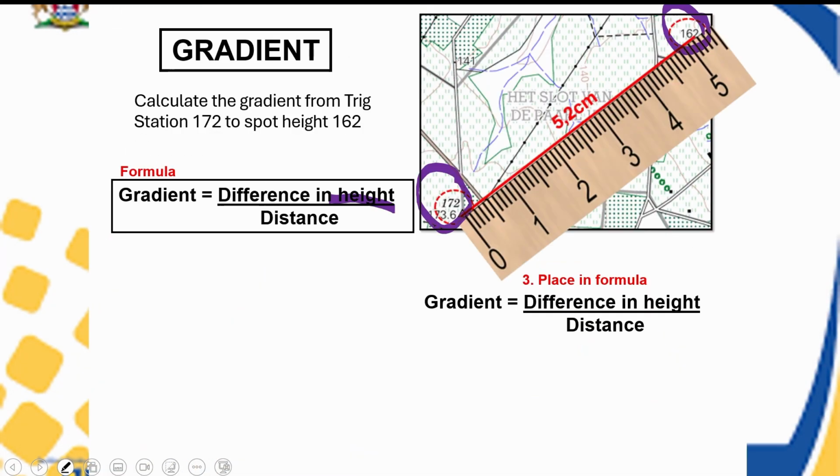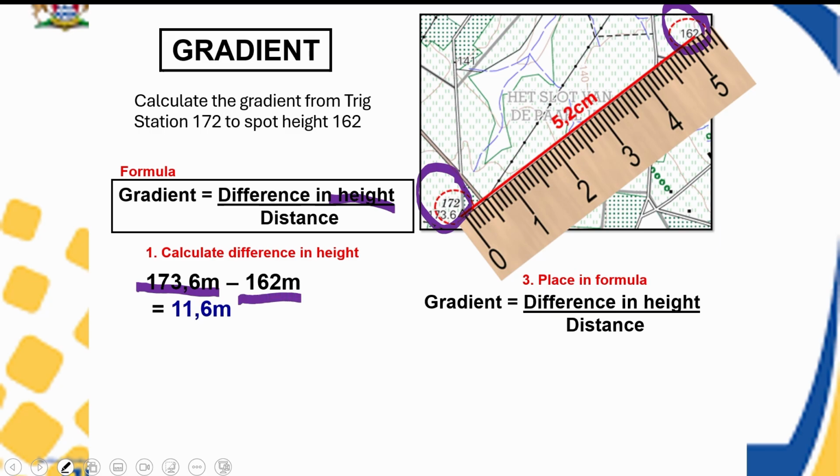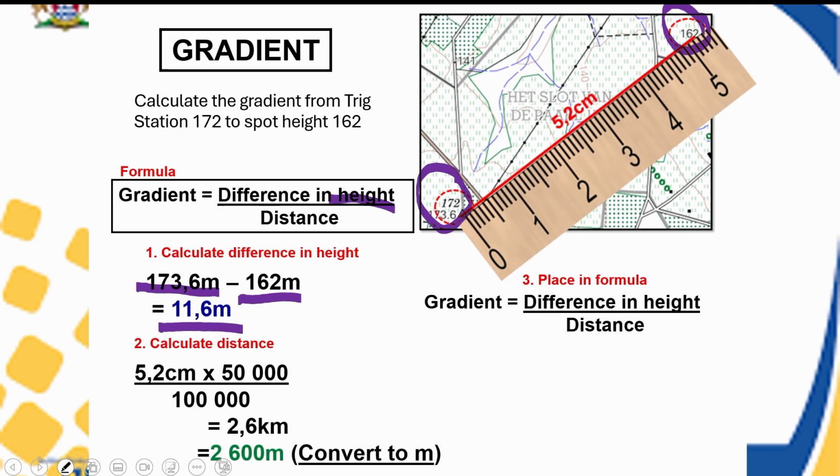Secondly, you need to find the difference between the 2 points, which means you subtract the lowest point from the highest point. For example, the trig beacon here is 173.6 meters minus the spot height. The value of the spot height is 162 meters.